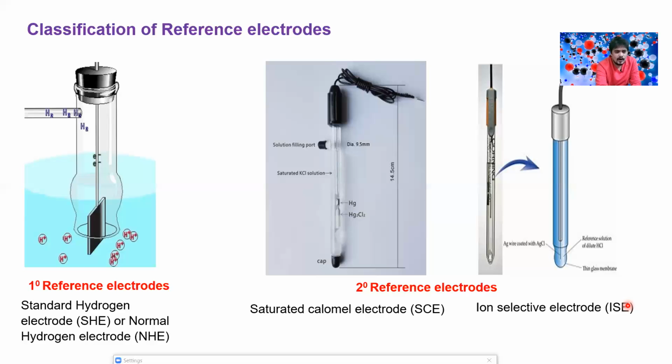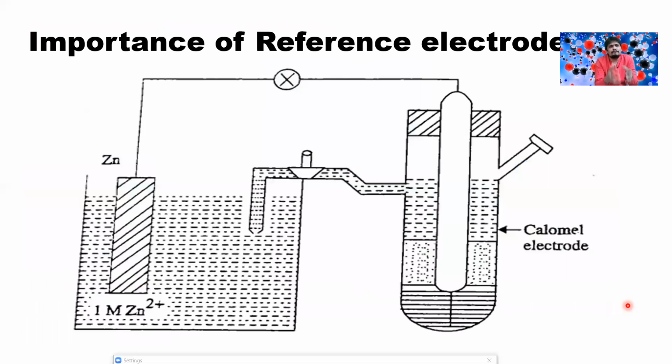Now we have to discuss the purpose of the reference electrode. What is its importance? With the help of the reference electrode, we determine the standard electrode potential of other electrodes.